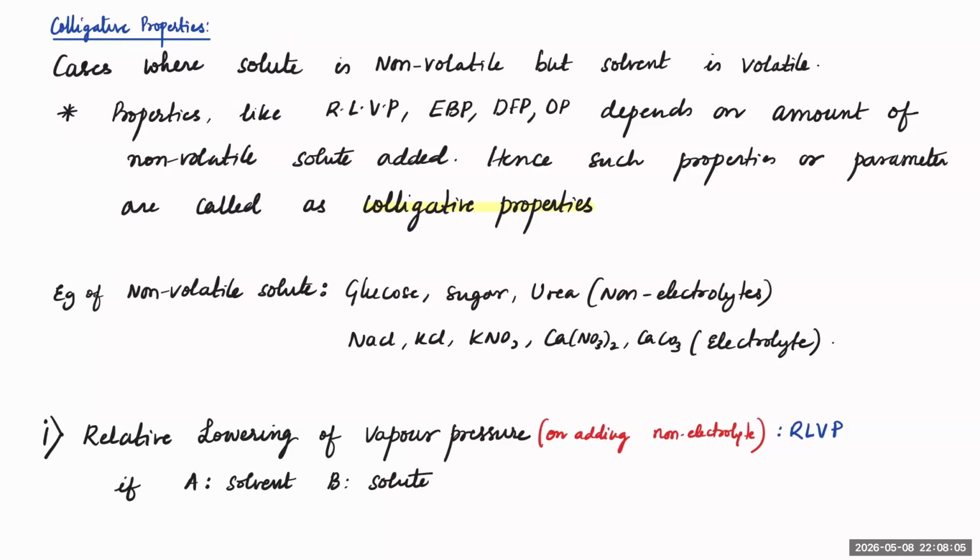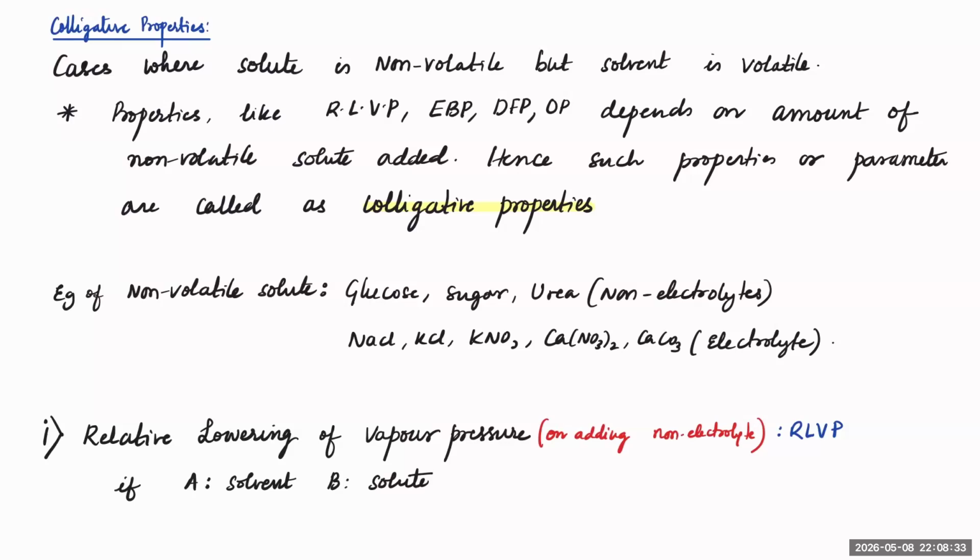So if I take some sugar, urea, some starch or some salts, we take that solute and add it to a solvent which is volatile. Correct? In that case, what would happen? You will see some properties of the liquid would change. Got it?